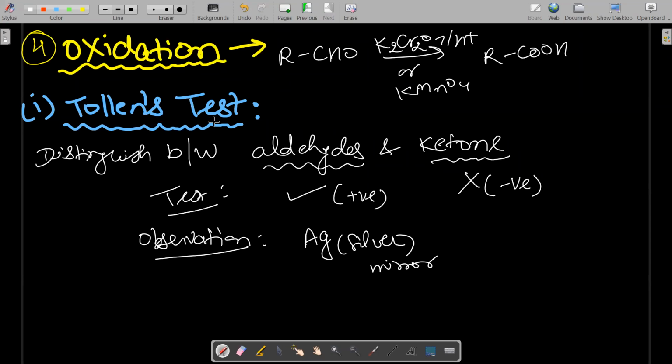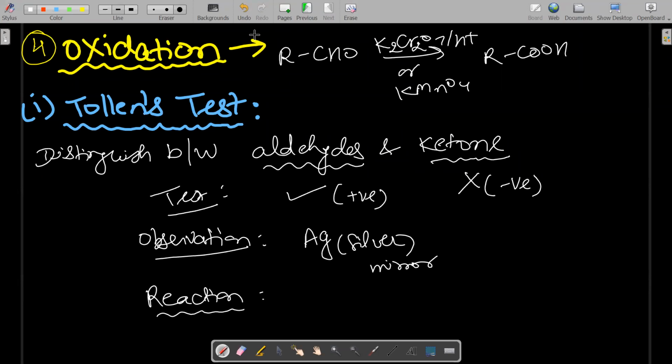If you only mention the name Tollen's test but do not write positive or negative, zero marks. If you write which one gives the positive test, you might get half marks. But with observation you can get full marks. And then after that you have to write the reaction, which is also very important.